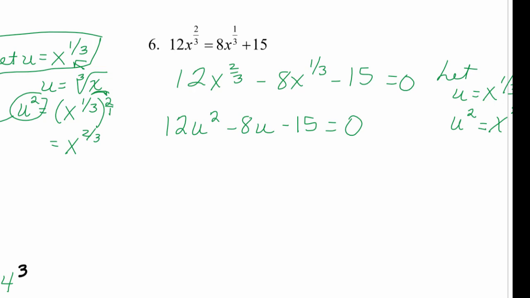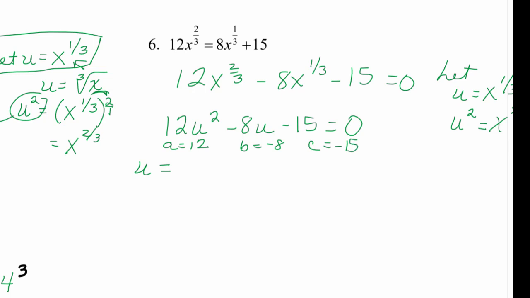So now, these are big numbers for factoring. So if we don't want to hassle with factoring big numbers, we can always use the quadratic formula, which is also big numbers, but we can do all that in our calculator, right? So let's go ahead and do that. Let's just practice solving for u using the quadratic formula. So a is 12, b is -8, c is -15.